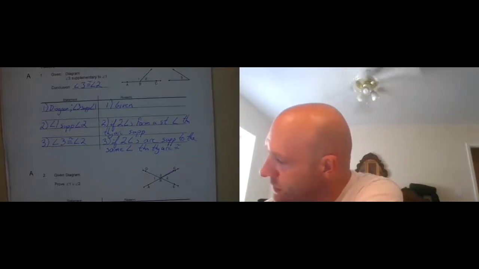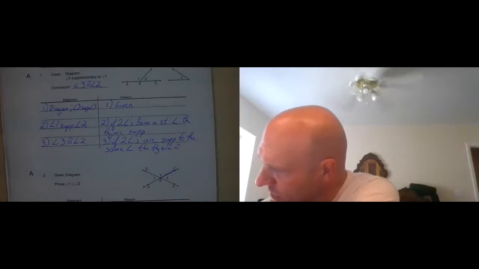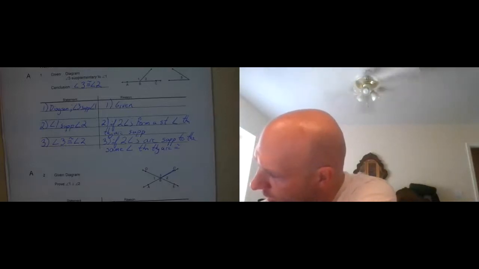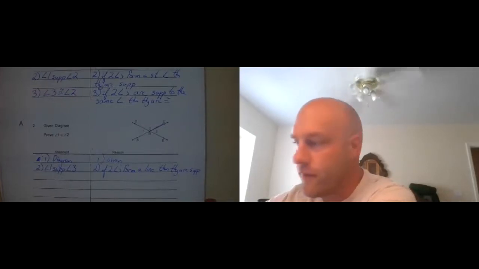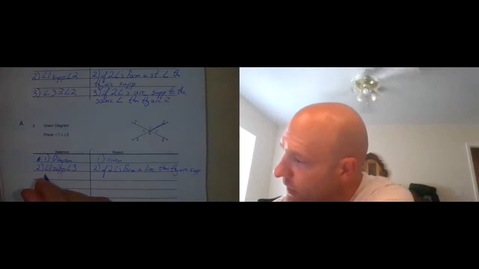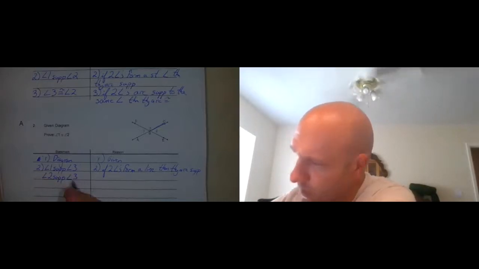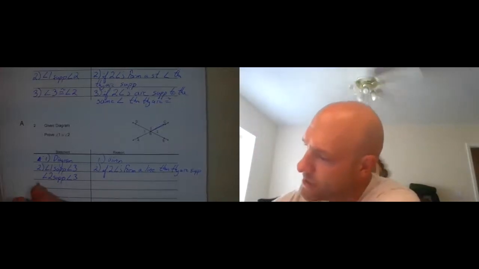And the reason: if two angles form, last time I said straight angle, this time I'm going to say line, form a line, then they are supplementary. If two angles form a line, then they are supplementary for the exact same reason, so you can put it in the same step, even though it's technically on a different line. I'm going to say that angle 2 is supplementary to angle 3. Same reason. I don't need to put in another reason. We're still in step 2.